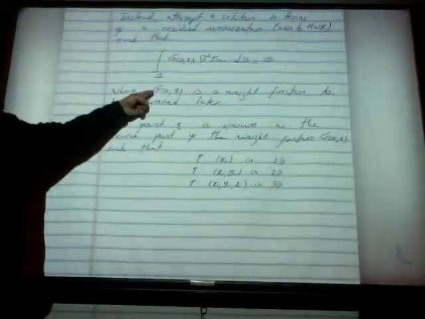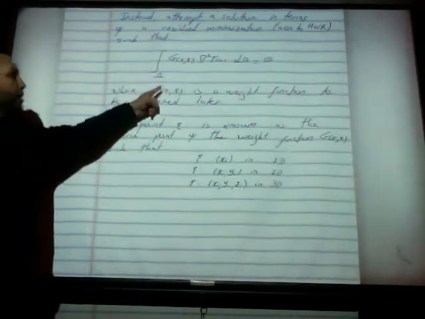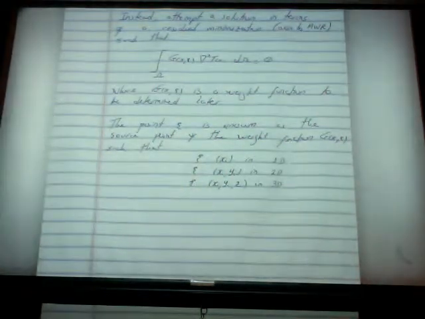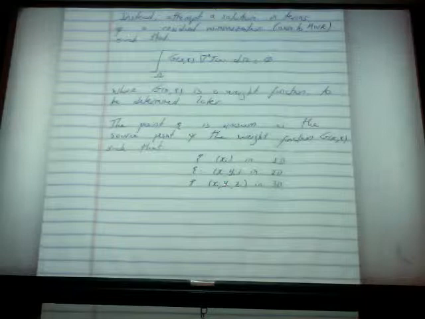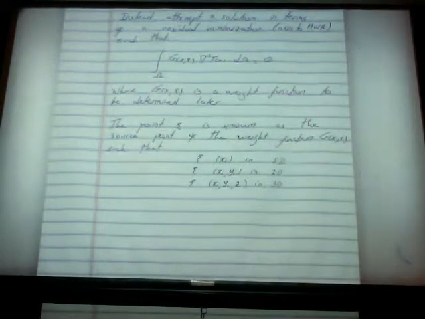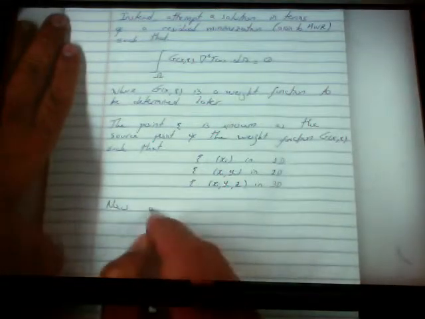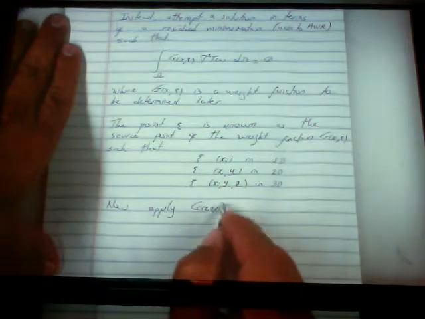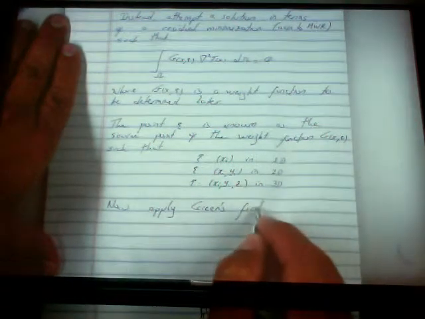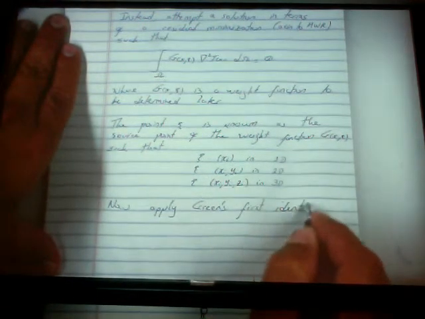The function g, whatever it is, is going to depend on x, and it's going to depend on some form of collocation. It's going to depend on some source psi. All right, so now take that and apply Green's first identity. And what do you get?